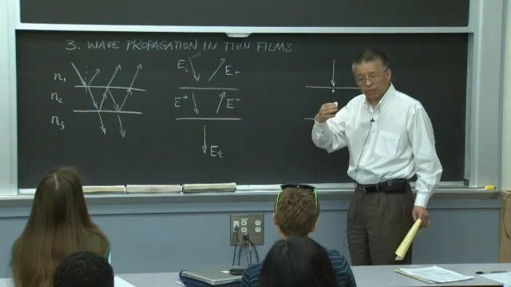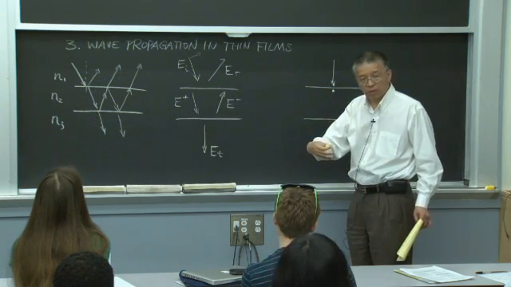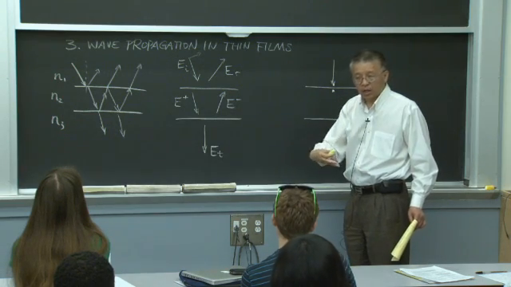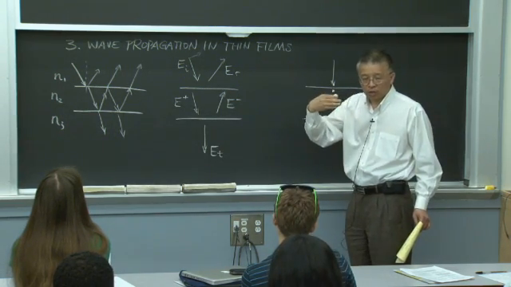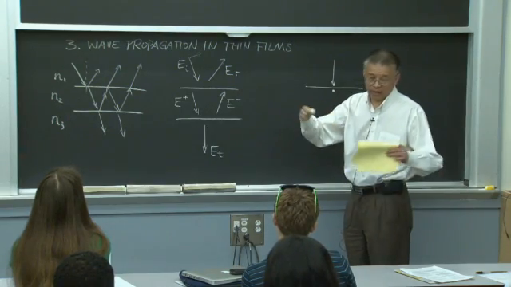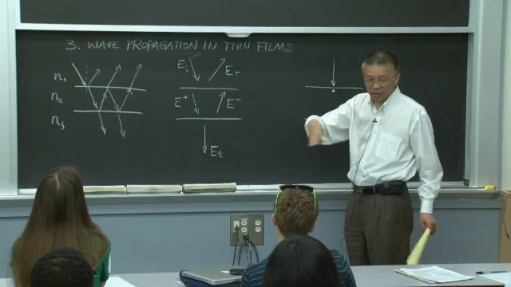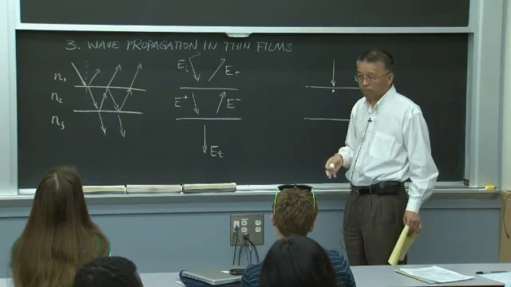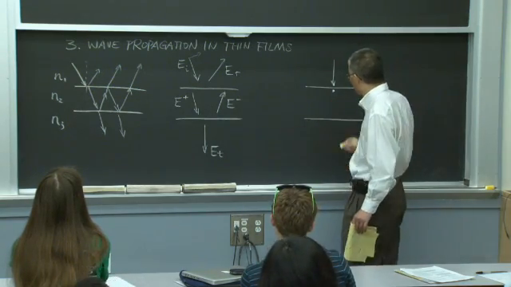If you recall the boundary condition for an EM wave, at the interface the tangential component of the electric field and the magnetic field, as long as there's no sheet current there, is equal on both sides.